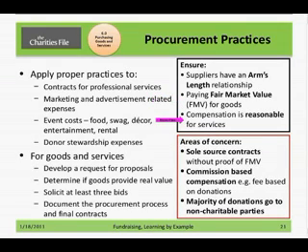So as long as you're following these guidelines, and you're really looking at whether there are any sole source contracts without proof of fair market value, or any commission-based arrangements or donations going to non-charitable parties, these are major flags for CRA in regards to procurement processes.